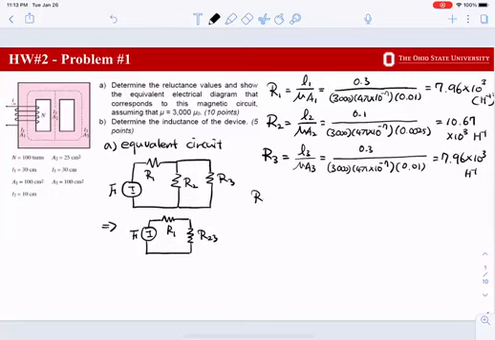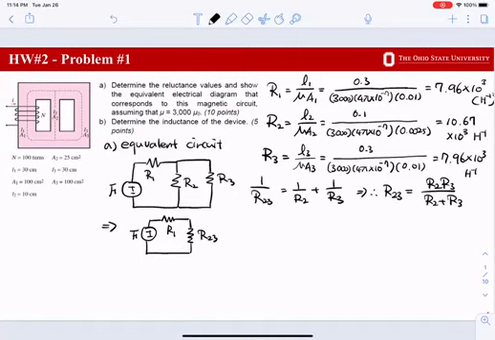What is reluctance 2, 3? 1 over reluctance 2, 3 equals 1 over reluctance 2 plus 1 over reluctance 3. That means reluctance 2, 3 is reluctance 2 times reluctance 3 over reluctance 2 plus reluctance 3.